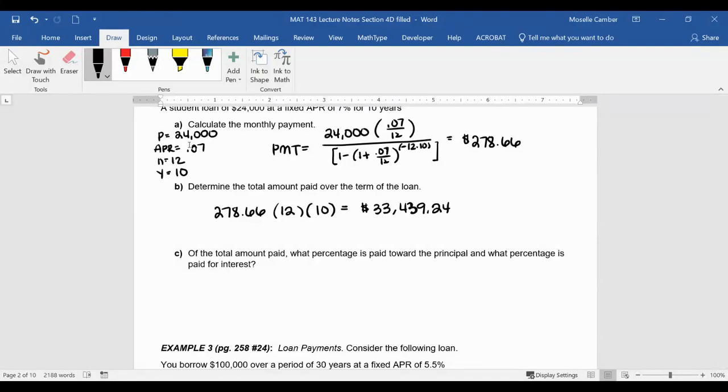So for part C, of the total amount paid, what percentage is paid towards the principal and what percentage is paid for interest? Both of these are of the total amount paid. So we need the principal over everything paid, and then we need interest over everything paid.